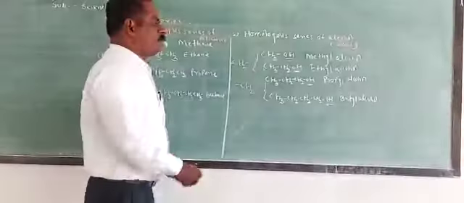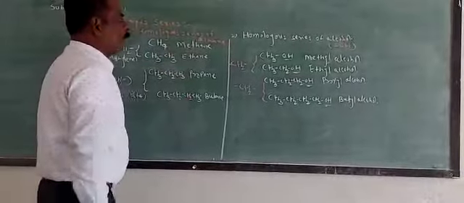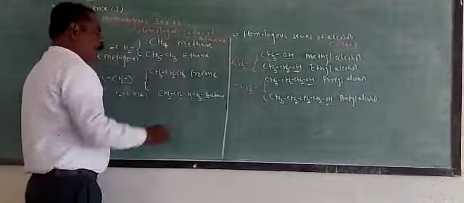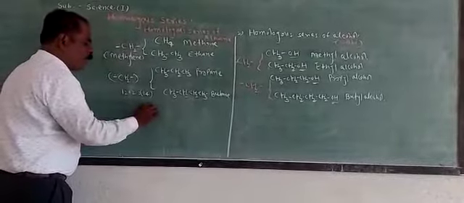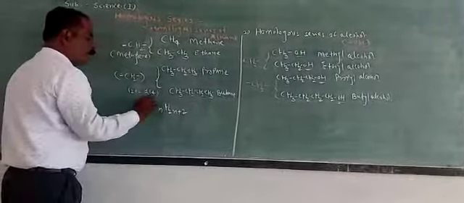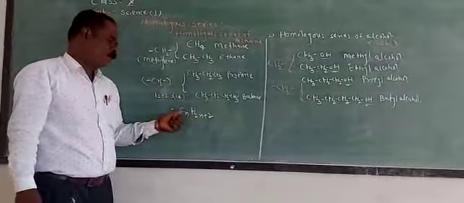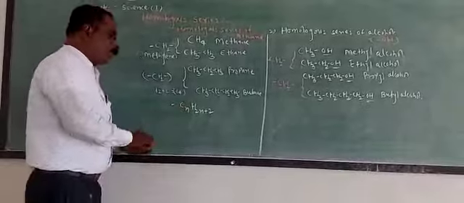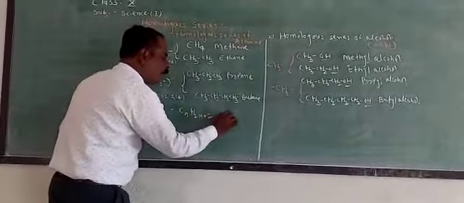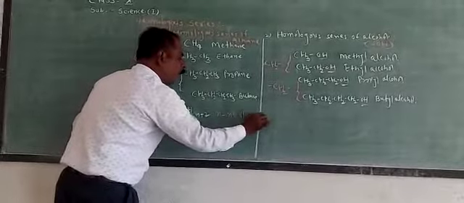Third characteristic: the compounds of a homologous series have the same general formula. In the case of alkane, the general formula is CnH2n+2. What is C here? C means carbon. And what is n? Remember one important point: n means the number of carbon atoms in the molecule.